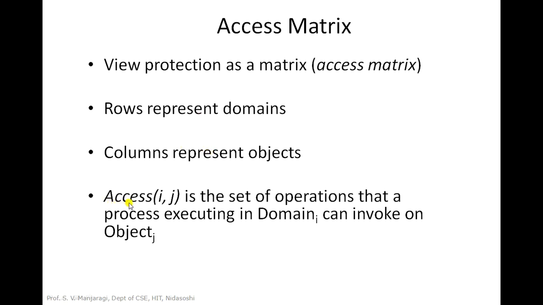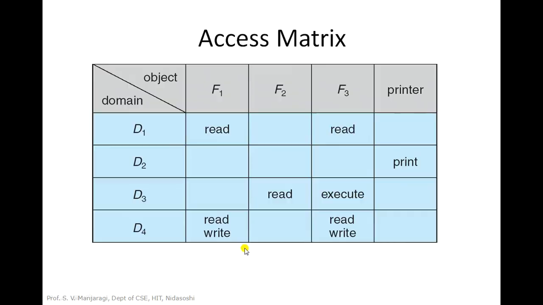That is called access. Access(i, j) is a set of operations that a process executing in domain Di can invoke on object Oj. That is how we can define access from i to j.